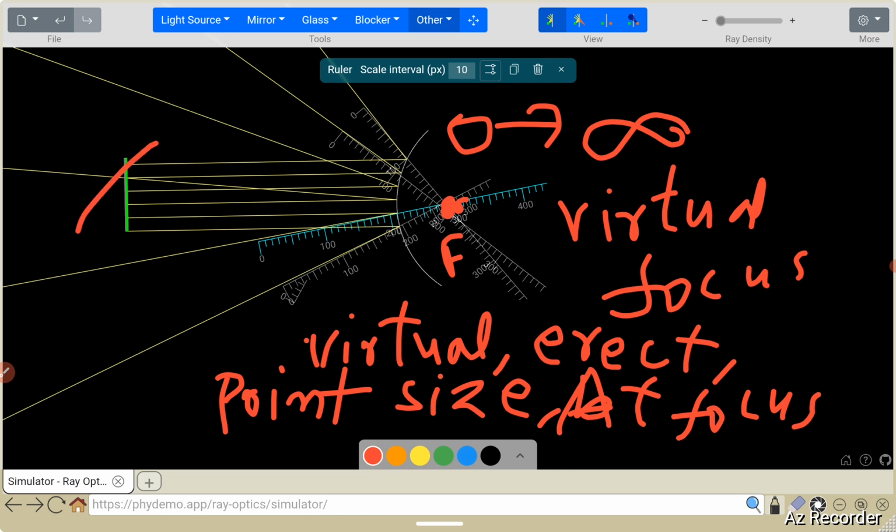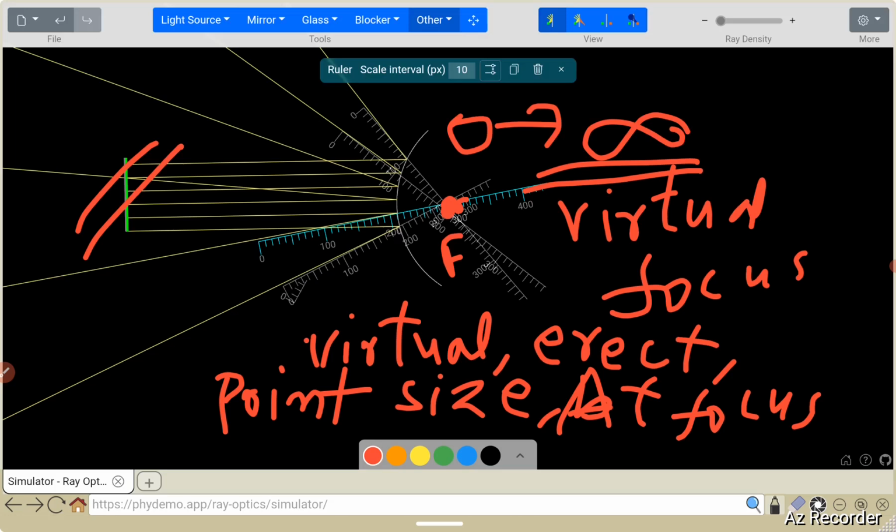Whenever we are taking a parallel beam, remember it is the infinity position. Whenever we have an object at infinity, whether it is concave mirror or convex mirror, image will be formed at focus only. But concave mirror forms a real image and real focus. In convex mirror, it forms virtual focus and virtual image. Understood? This is the first case.